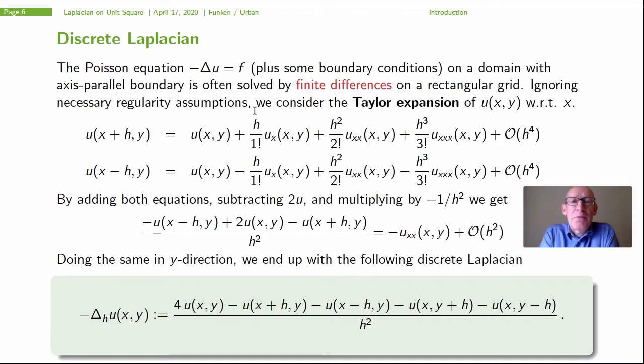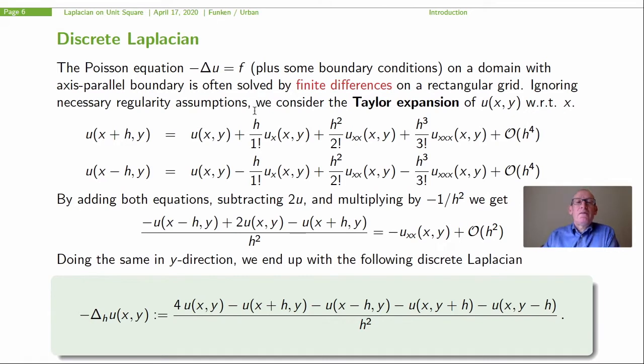How do we get an approximation of our differential operator? Therefore, assuming that the regularity is given as much as we want to have, we use the Taylor expansion of our function u to get an idea how to get the discrete Laplacian.